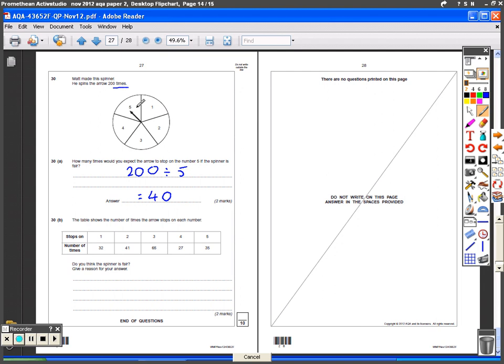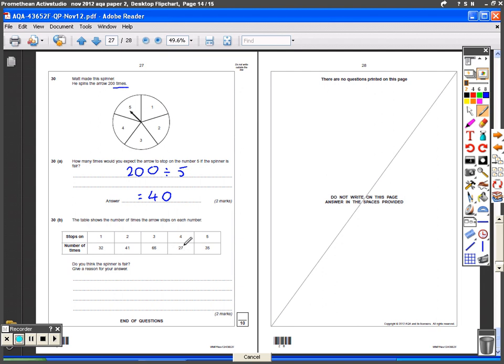The table shows the number of times the arrow stops on each number. Do you think this spinner is fair? Give a reason for your answer. So it does look like a number 3 has come out more than any other number. Okay, so we're going to figure out then if this is true or not. As well as a 3 looking too high, it also looks like a 4 could be too low.